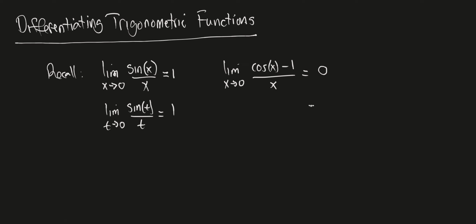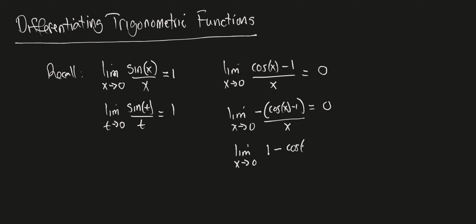Well, the right-hand side would still be 0, and then what I would have is the negative of cosine of x minus 1 over x. If I distributed that negative sign, the terms in the numerator get flipped, and I would end up with 1 minus cosine x over x, equal to 0, right?